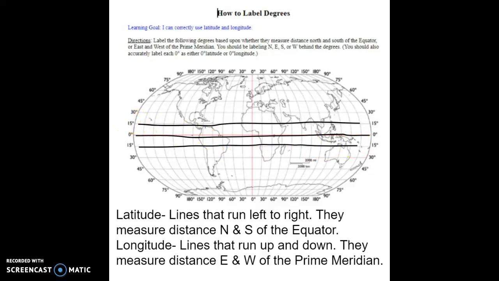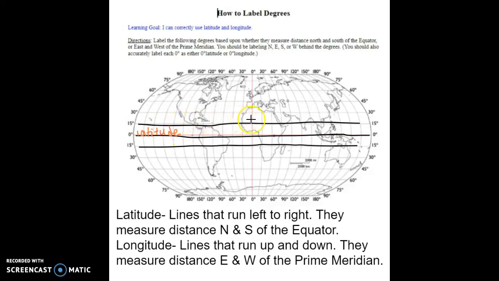We always want to start from 0 when we are measuring distance. So here we are at 0 degrees. This is 0 degrees latitude, so we are actually going to label that 0 degrees latitude.